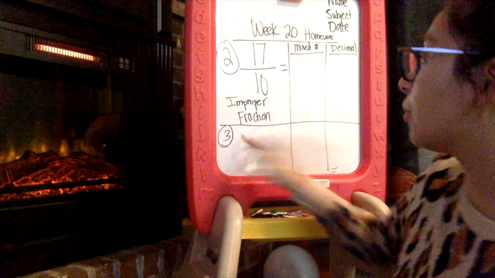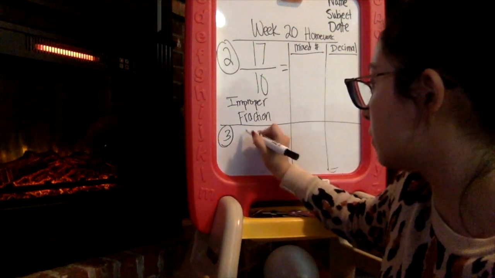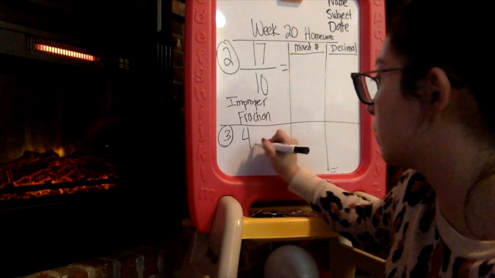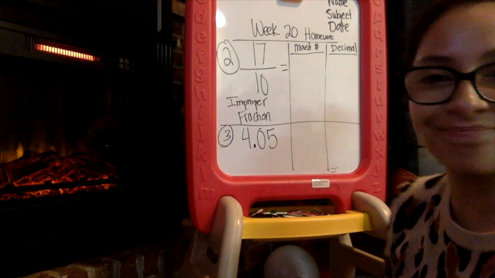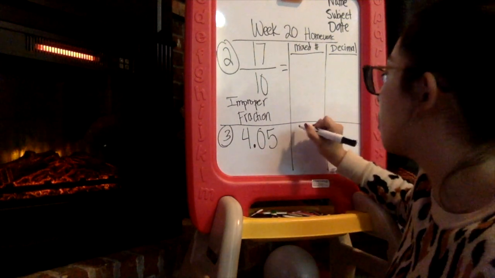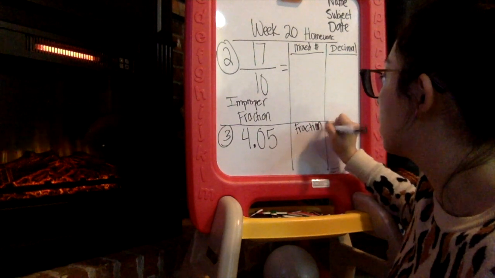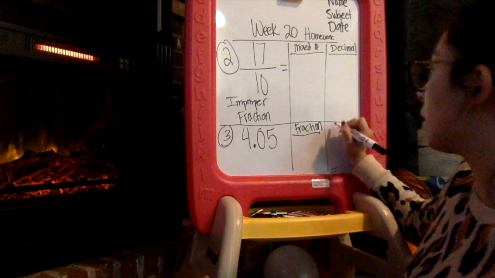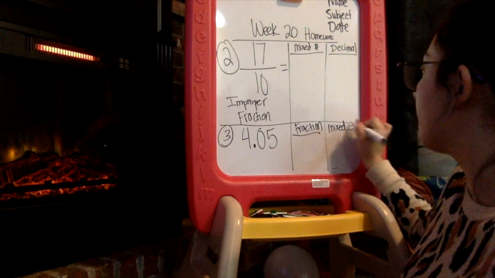Okay, number 3. Let's go ahead and do a decimal. We should know what that is, okay? We're going to go to a fraction next. And then we're going to go ahead and go to a mixed number.